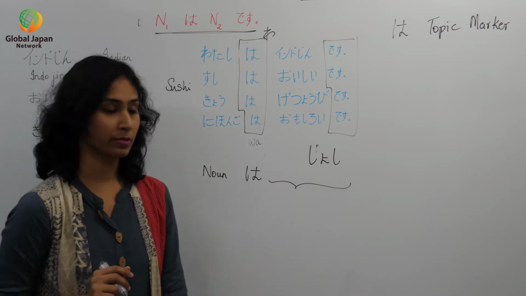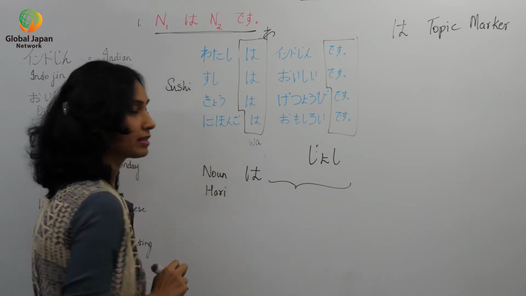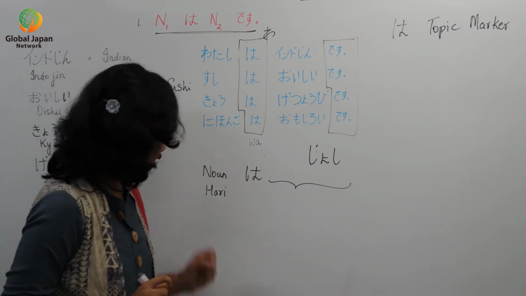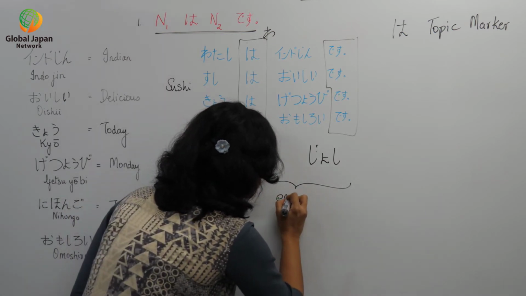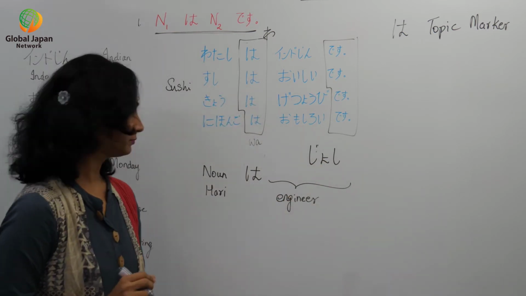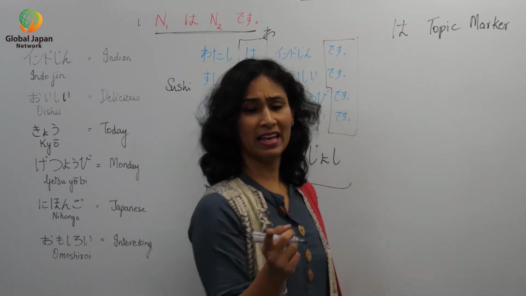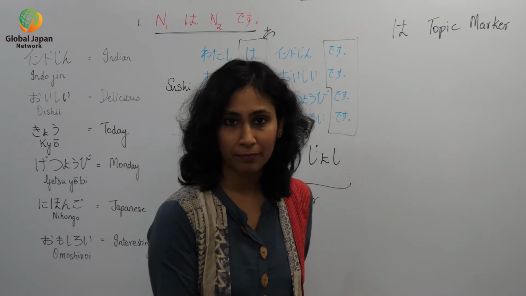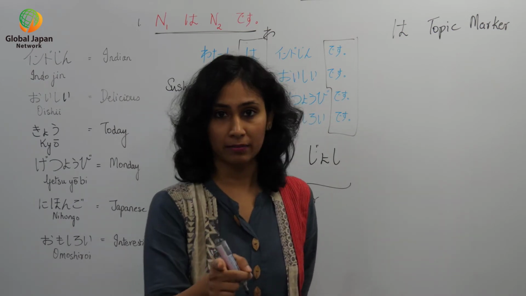Let's do some examples. Hari, this is the topic I have selected, and I want to tell Hari is an engineer. So information about the topic is engineer. Let's write down the sentence. Hari. Now Hari is a foreign name. So in which script will it be written? Katakana, right?